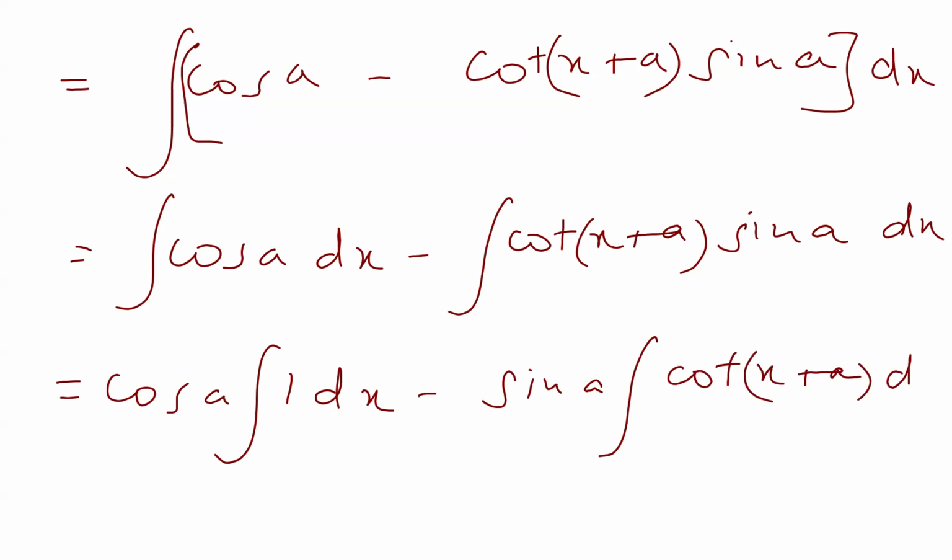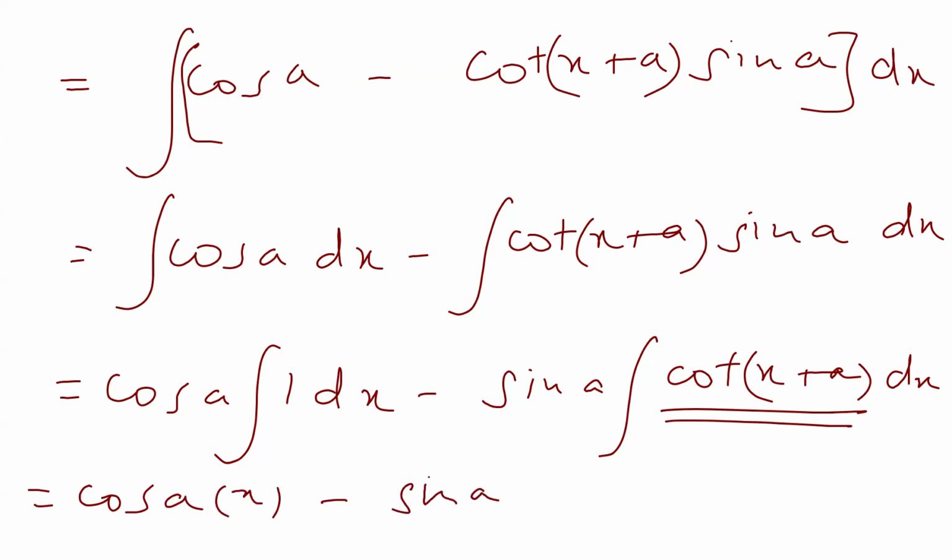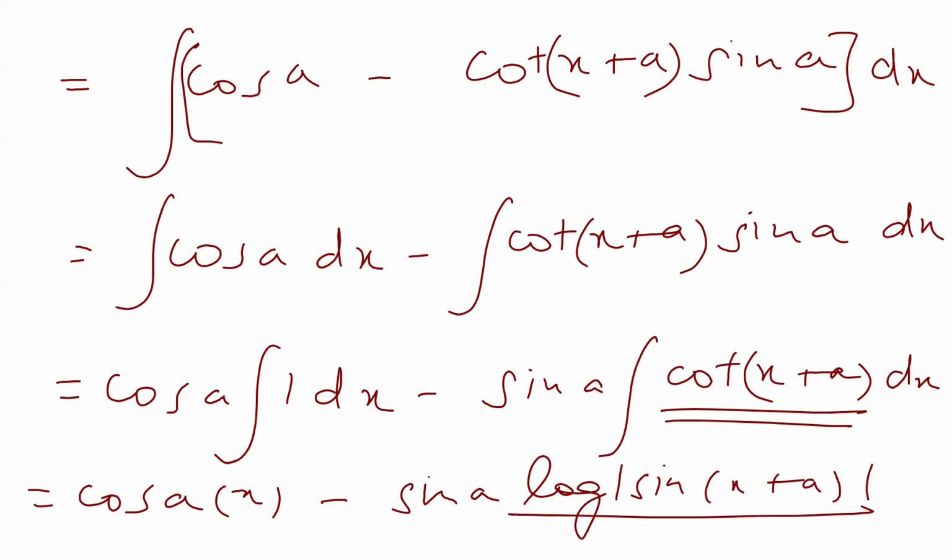Cot x plus a, this is not a constant, x term is there, no? Okay. So cos a into x minus sin a into integration of cot, which is log mod sin x plus a upon d by dx of x plus a, which is 1. That is a chain rule.